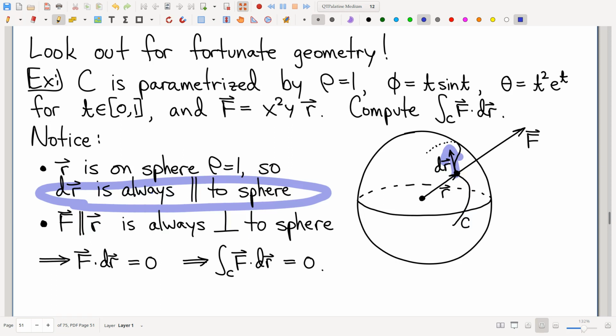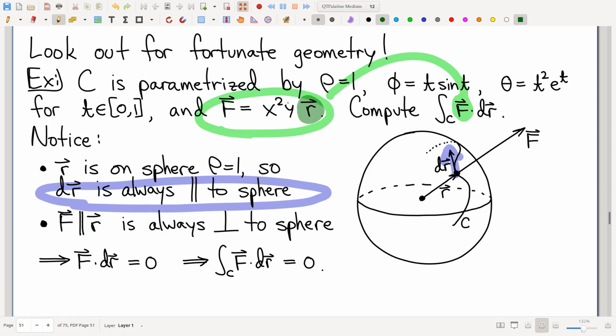Okay, next observation. Let's look at our vector field here, the thing that we're supposed to be computing the line integral of. This vector field, well, it's hard to say. It's got a weird formula there. But notice, it is a scalar multiple of your position vector. Right? x squared y, whatever, it's some function, but it is a scalar. So this vector field always points in the same direction, plus or minus, but the same direction as the position vector.